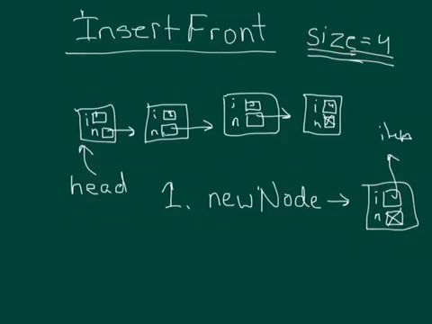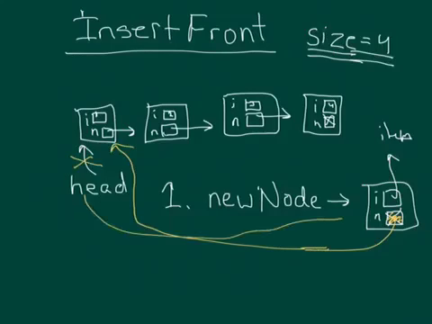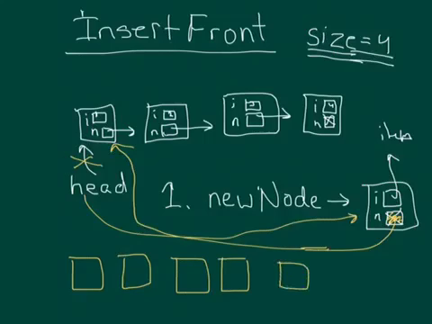So let's do that. What we do first is we take next and we get rid of that X, and we get it to point at the original head. Then we take the head and get it to point at our new first node of the list. So then notice that what this ends up looking like is the following. 3, 4, 5.